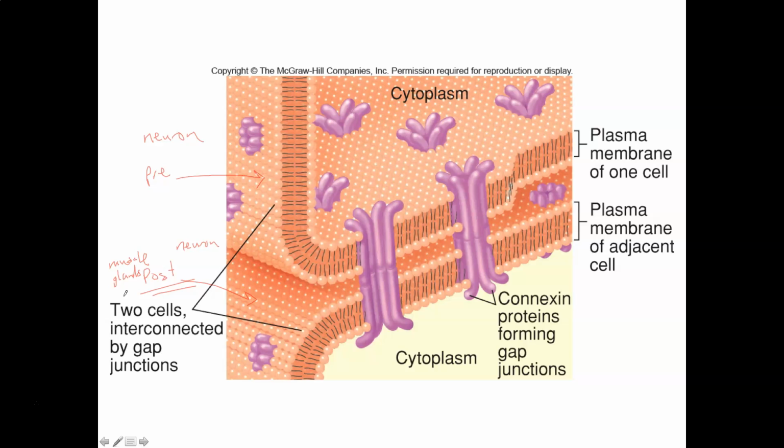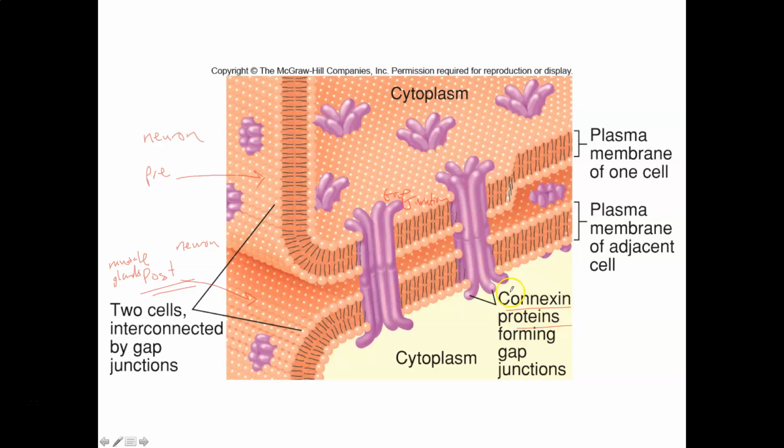The first type of synapse to consider would be the electrical synapse, and that's what you're looking at here. The electrical synapse really is just a series of gap junctions from the presynaptic cell to the postsynaptic cell. So what we're looking at here are actually proteins that create what's called a gap junction. And these gap junctions are made of what are called connexin proteins.